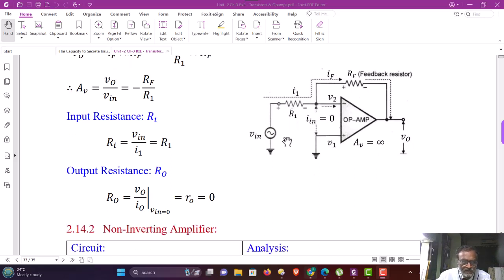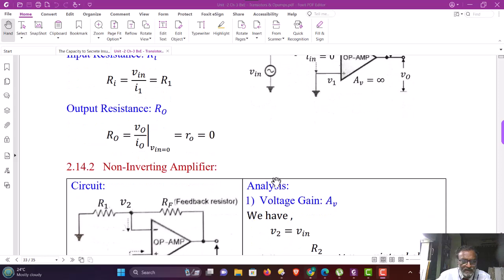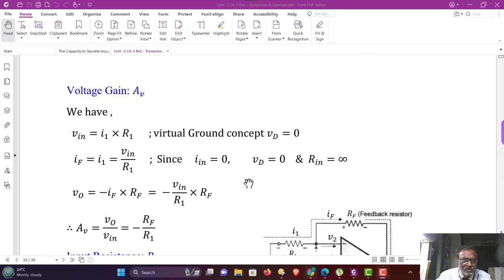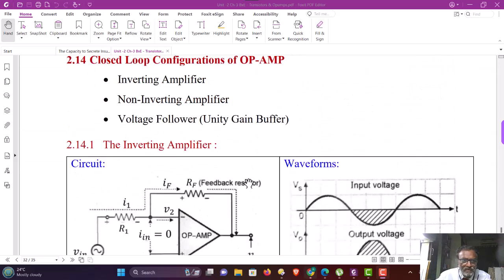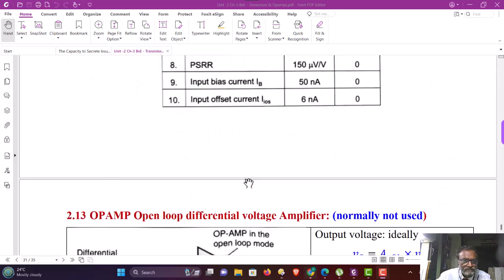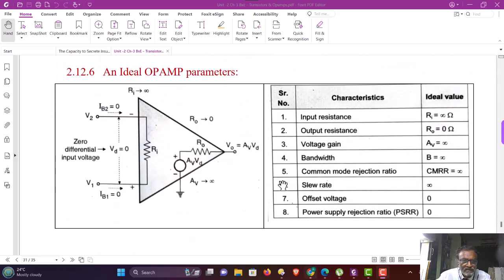The output impedance of the circuit now. It is the impedance looking inside the output terminal of the operational amplifier with respect to ground. And it is defined as the ratio of VO by IO when Vin is equal to 0. If you remember the equivalent circuit of the op-amp, let us go back and see here.